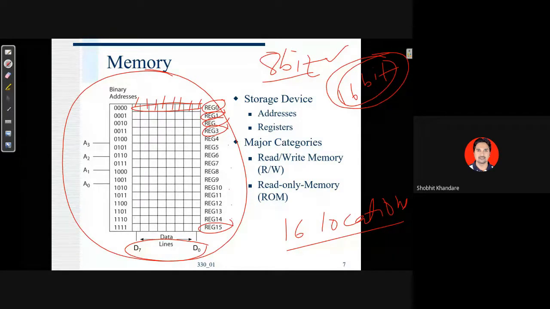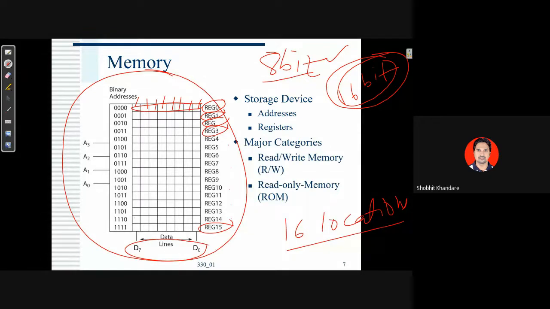Yes, you require 2 memory locations, because a single memory location will store only 8 bit. If my data bus is carrying 16 bit of data, you will require 2 memory locations: 8 bit in one memory location, the remaining 8 bit in the second. And if your data bus is carrying 8 bit of data, then only 1 memory location is sufficient.